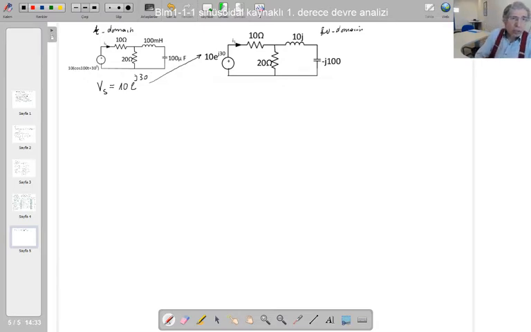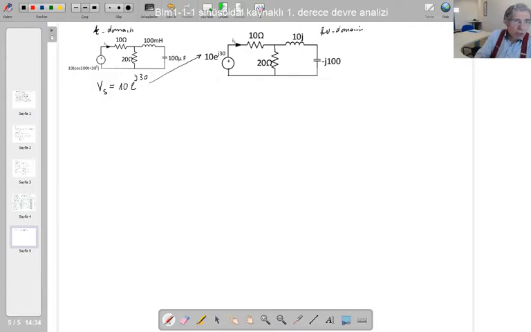The next thing is to transfer these element parameters in time domain to the impedances in the omega domain. How are we going to do it? The resistor resistance or impedance doesn't change whether it is time domain or omega domain, so this 10 goes to 10, and for this resistor, 20 ohm transfers to 20 ohm.